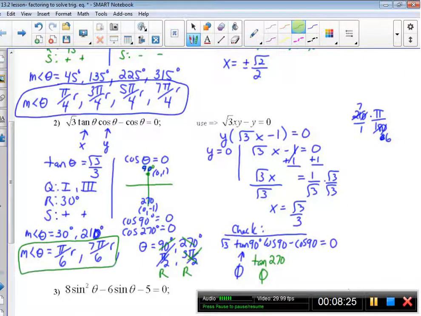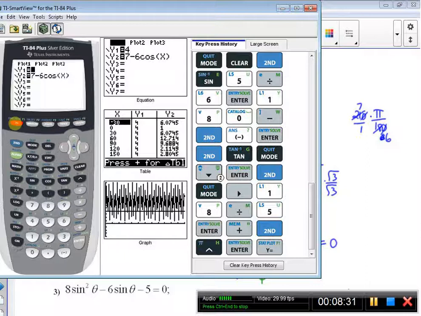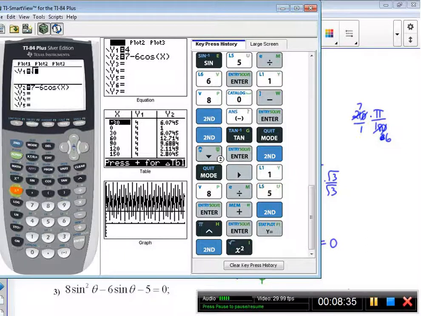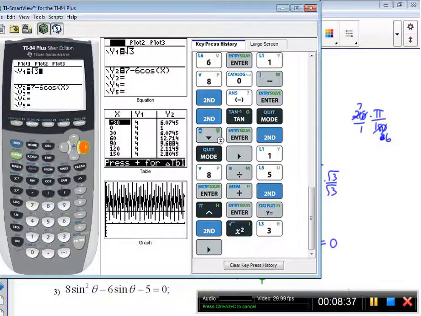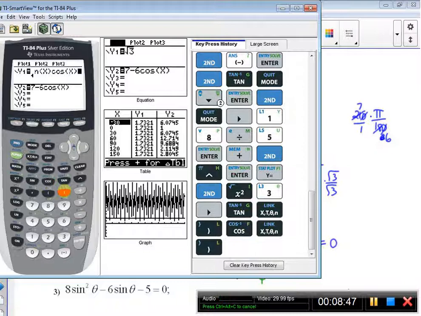So this one might be a good one to check on your calculator. Okay, so we'd go back in here and we'd take that left side, which would be the square root of 3, tan theta. So we're going to do tan x and cos x minus cos x.